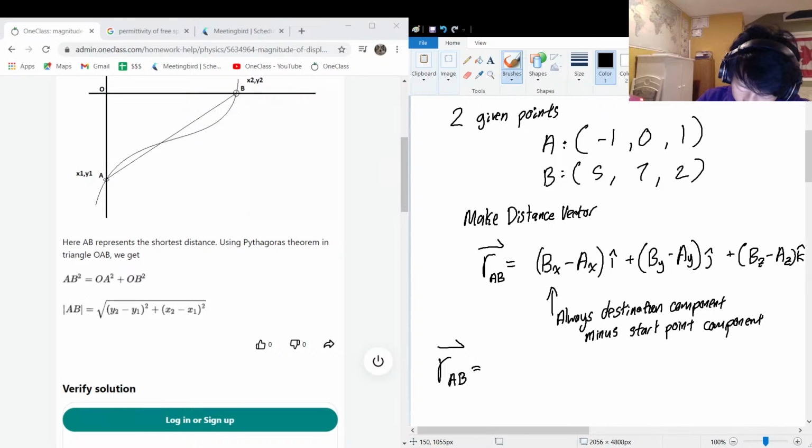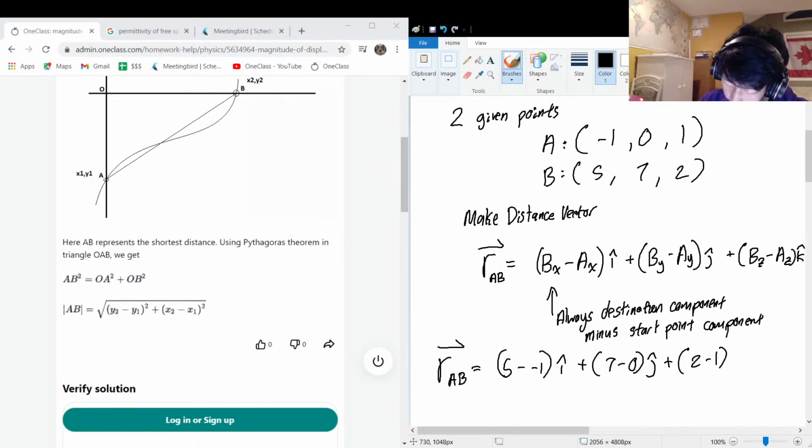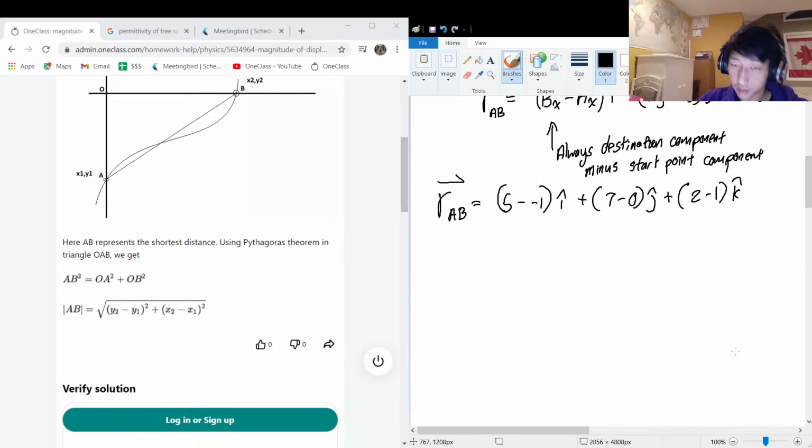Bx is 5. 5 minus 1 in the i direction, plus in the j direction, 7 minus 0. Well, that's nice and easy for the math. And in the z direction, we've got 2 minus 1 in the k direction. Okay, and then rAB.